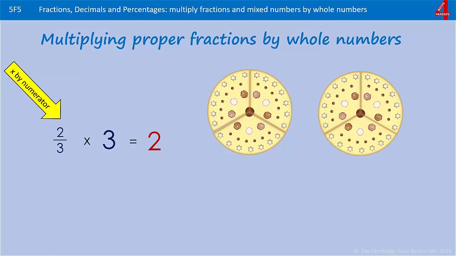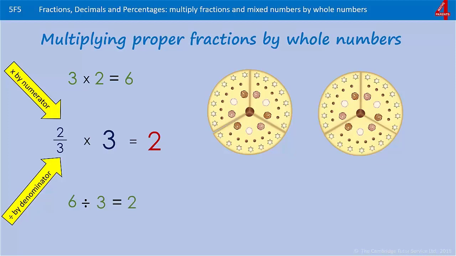So we would multiply 2 by 3, and then having done that, we get the answer. We divide that by whatever the denominator is. So for this one, we would say 2 times by 3, or 3 times by 2, and that's 6. Now we take that 6 and we divide it by the denominator. 6 divided by 3, that's 2, and that gives you the answer to your calculation, which agrees with what we did with the images.